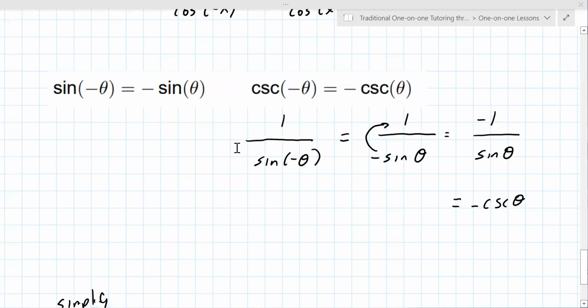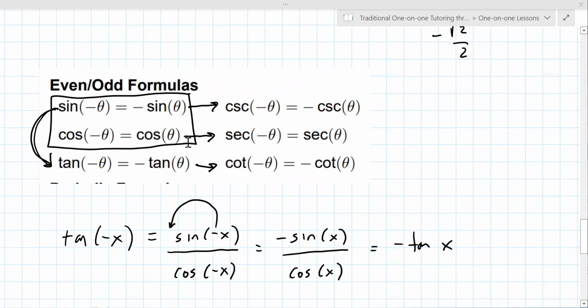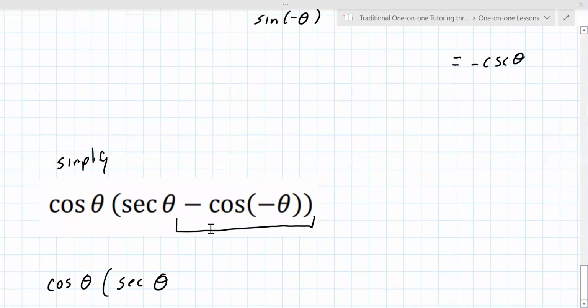Okay, so you can go back up, right? You've got this list here. Cosine of minus theta becomes what? What do you see here? Positive cosine theta. So the negative just goes away. Maybe where it's unclear is, what do I do with this subtraction out in front? It just comes down.